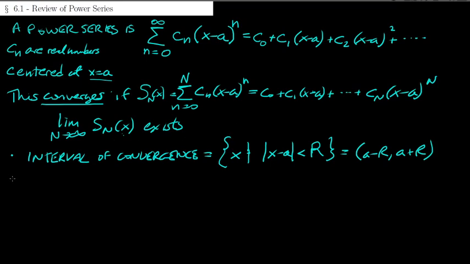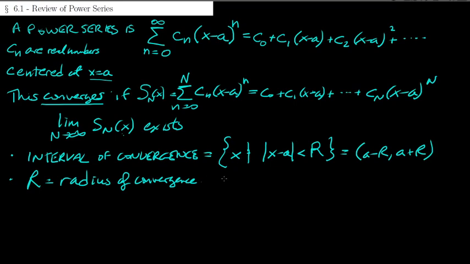And this capital R is called the radius of convergence. So it's how far away you can get from A. And if A is 0, you're just going from minus R to plus R.